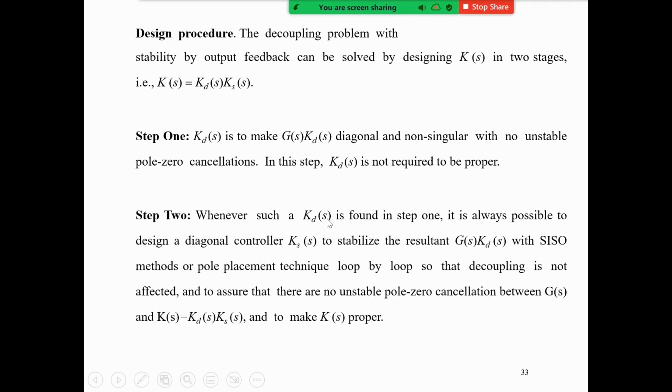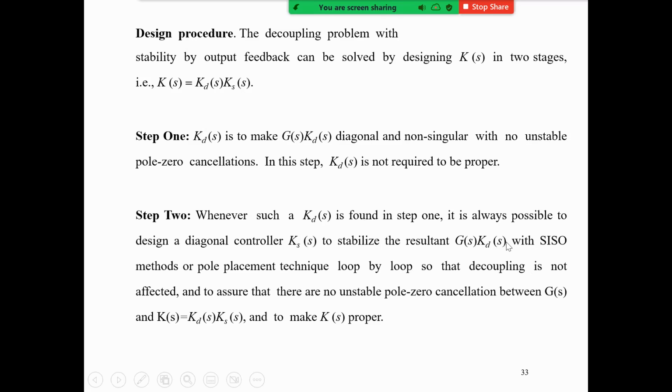Step two, right, whenever such a KD is found, you have already decoupled the system, right? The open loop transfer function has already become diagonal. Then for each diagonal transfer function, you just design a stabilizer for each one of them. So your KS will be a diagonal matrix. Okay, then how do you stabilize those transfer functions?